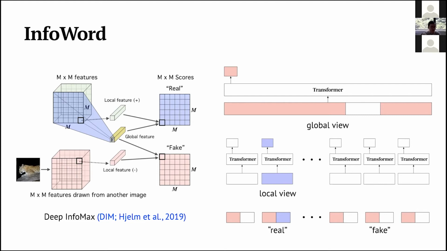You also have a local feature, where you take some part of the figure and map it to a local vector. Of course, we have local features taken from the same image as the global feature. We also have local features taken from a different image. So we have the real pairs and the fake pairs. The real pairs are the ones we want to increase the score of, and the fake pairs we of course want to downscore.